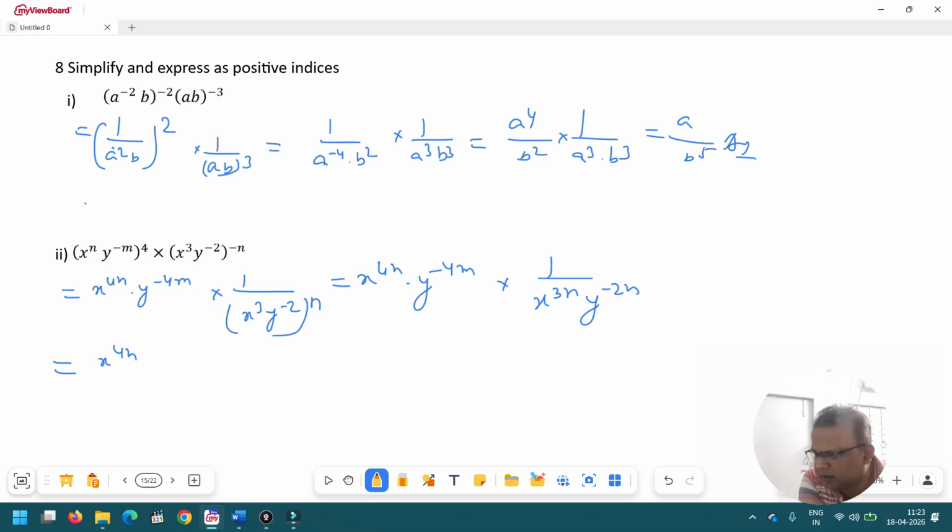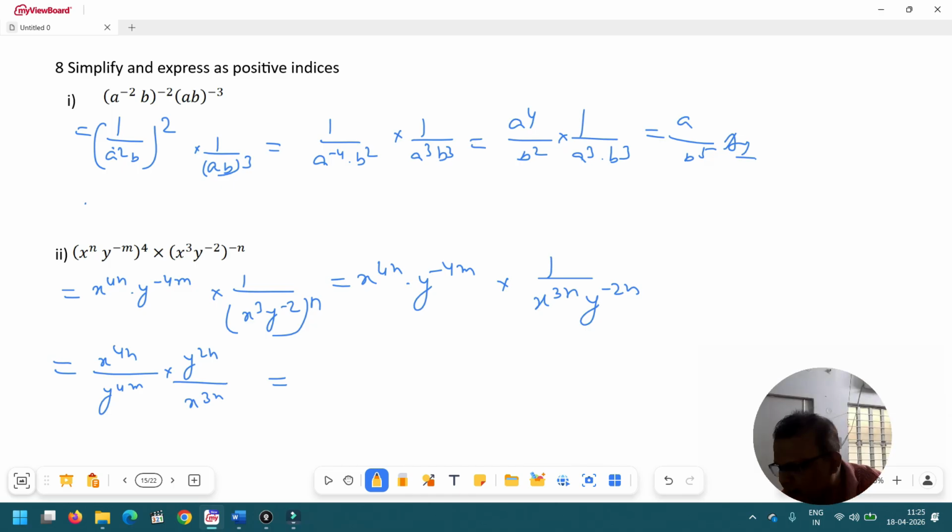x का power 4n बटे y का power 4m into y का power 2n बटे x का power 3n. That is equal to x का power 4n minus 3n into y का power 2n minus 4m.